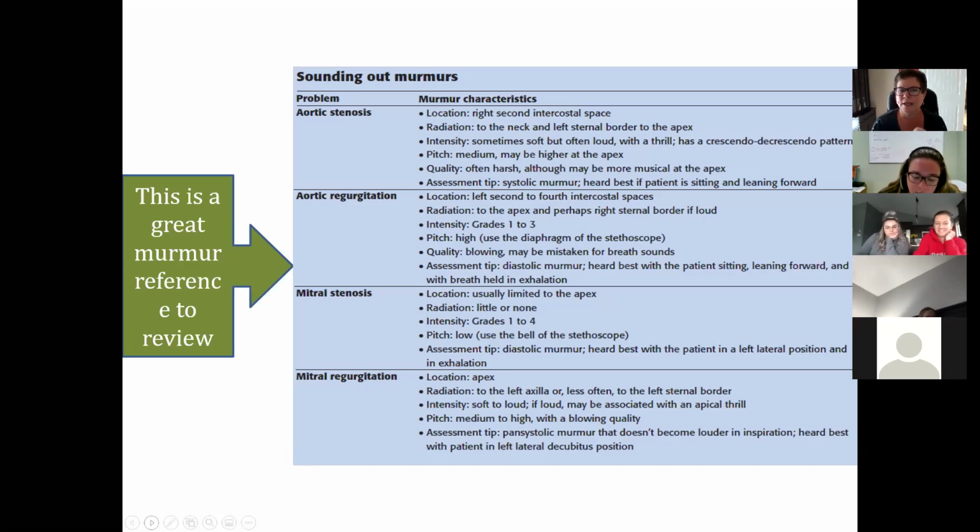And so I like it because it tells me the problem, aortic stenosis, and then it tells me where do I hear it best, where does it radiate to, what is the intensity like, because sometimes it's very loud, but oftentimes it can be quite soft. The pitch, but I really like the assessment tip.